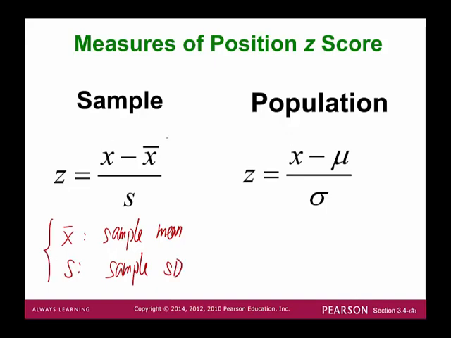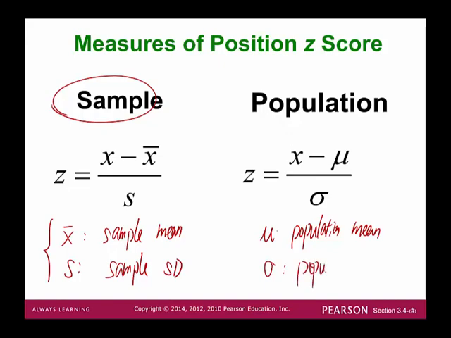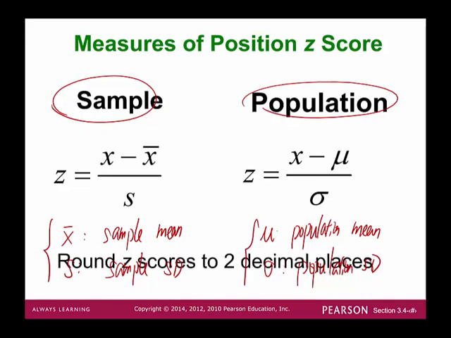For the population, use data value x minus population mean mu, where mu represents the population mean, over sigma, which represents the population standard deviation. Find the quotient and you get a Z-score for the population. Always round the Z-score to 2 decimal places. It's a convention. You'll see why we do that in chapter 6.